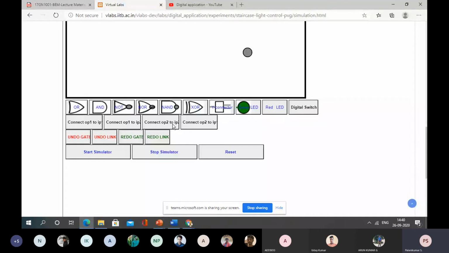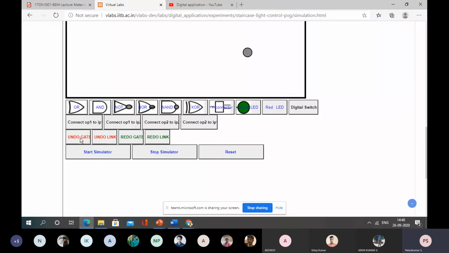So output one is given to one input, and output one is given to another input. Likewise, output two to another input. You have to use all four logics in such a way that output one to input one, output one to input two, output two to input two, output two to input one. So four logics are there.